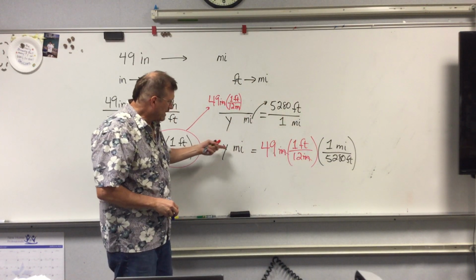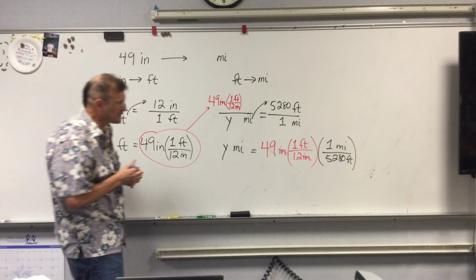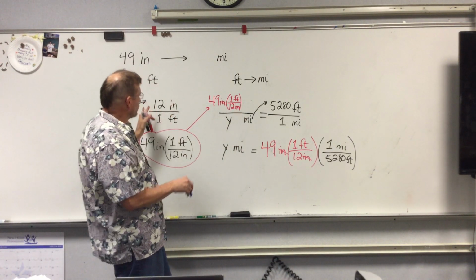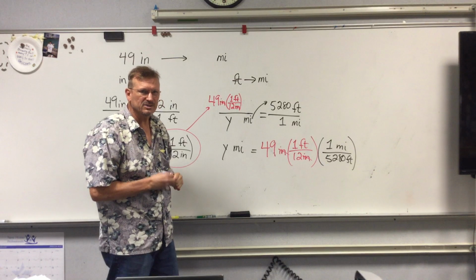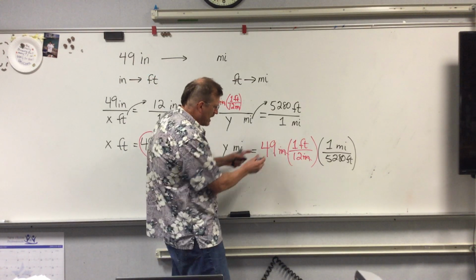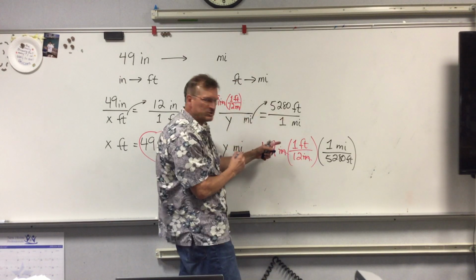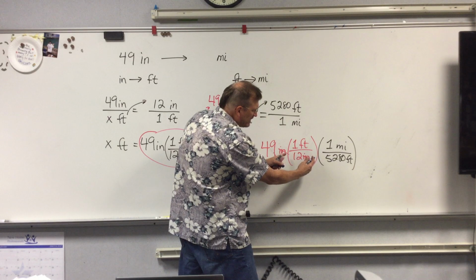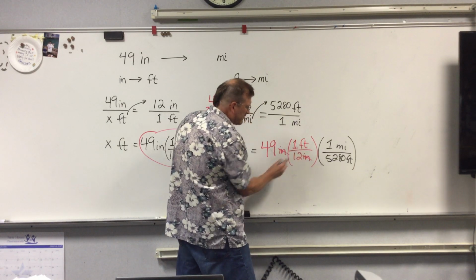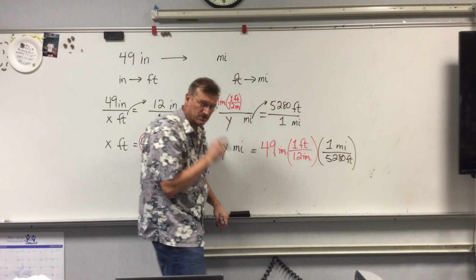Now, you see some cool stuff going on here? I want to know how many miles there are way back here in 49 inches. When I do this ratio twice process, look what I end up with for my answer. I have 49 inches. Then, because of the first ratio process, I used a conversion factor to get from inches to feet, and in that, my inches were diagonal, so they canceled.